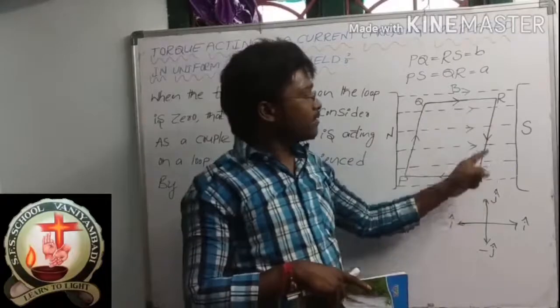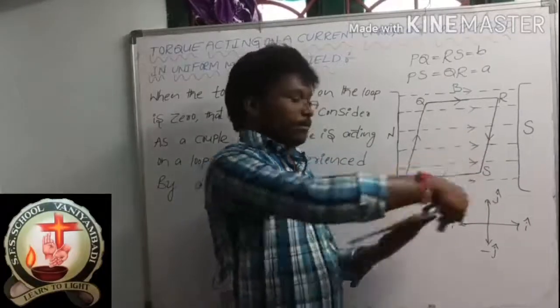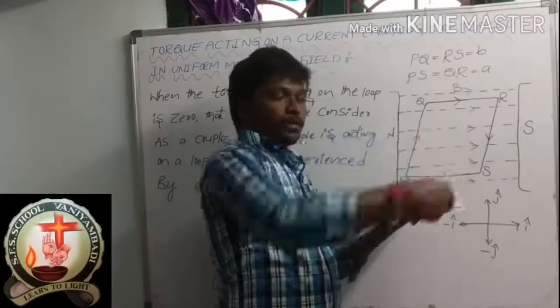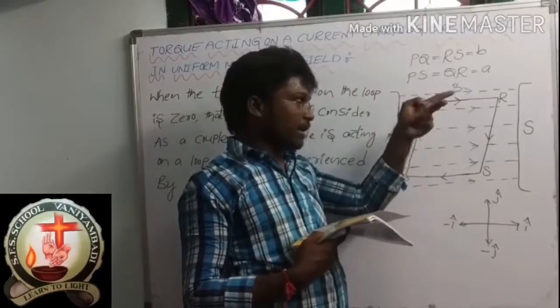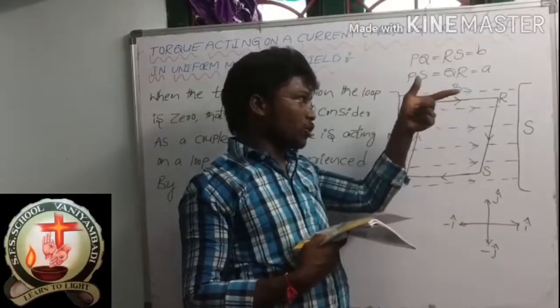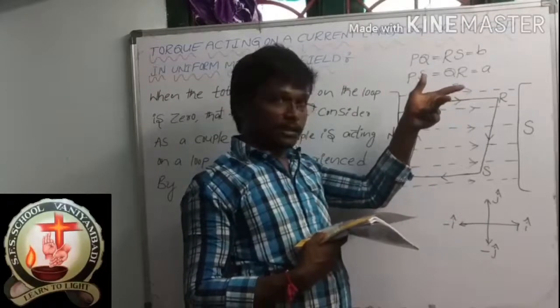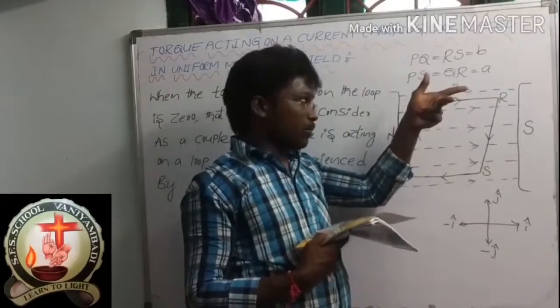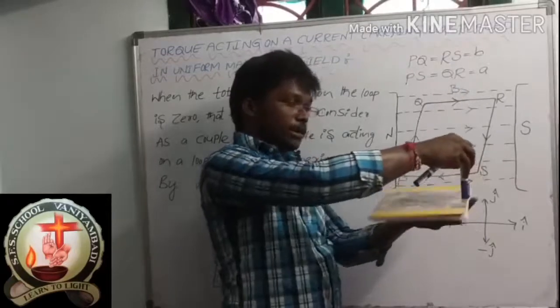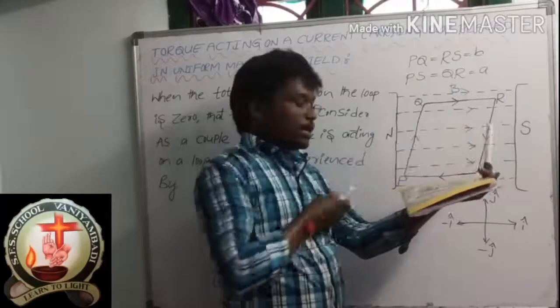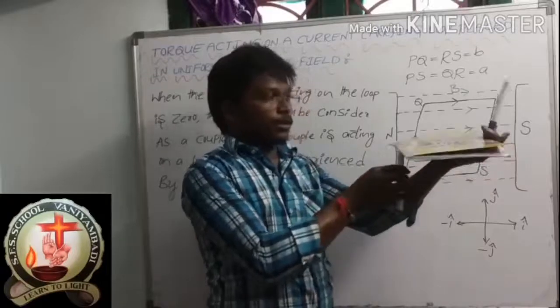Then RS, what is the direction of current? This direction. The direction of magnetic field is front. So magnetic field direction is this finger, direction of current is this finger, and this finger will show us the force direction. These three will be perpendicular, correct? So what is the force direction? Top. So here this end force direction is upper and this end force direction is downside.